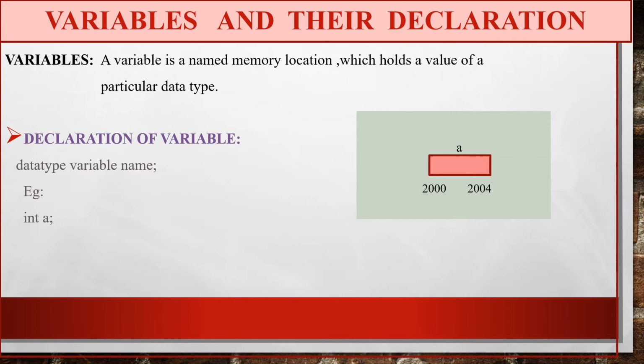So if the starting address is 2000, the ending address of this block will be 2004. How did we determine it? With the data type. If the data type had been double, for double 8 bytes are given. So if the starting address is 2000, then the ending address would have been 2008, because for double 8 bytes of memory are allocated. I hope this is clear to you.